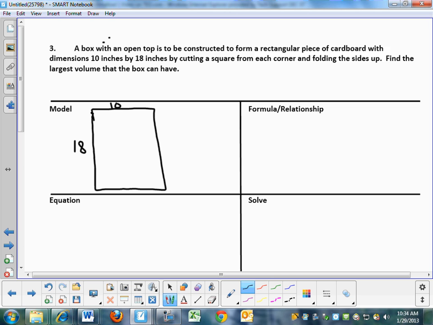What do I want to do with it? I got to cut parts off of it. When I cut these squares off, I'll be able to fold up the rest. Last year, you guys had a tough time visualizing this. You see it now? Okay.